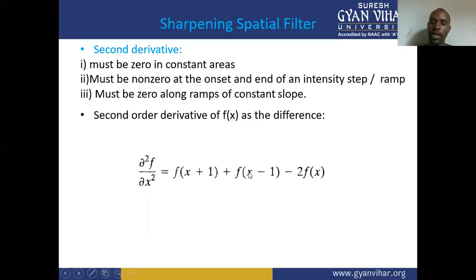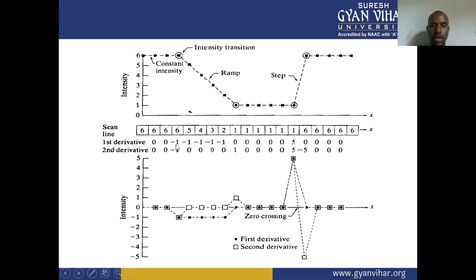Then f of x minus 1, that is 5. So here 6 plus 5 is going to be 11. Now 11 minus 2 times f of x. f of x was 6, so 2 times it is 12. In that case 11 minus 12 is going to give us negative 1. That is exactly what we have here, and that is what is stored here.